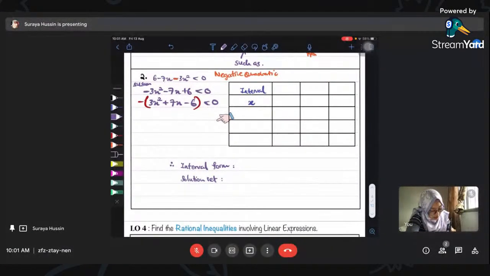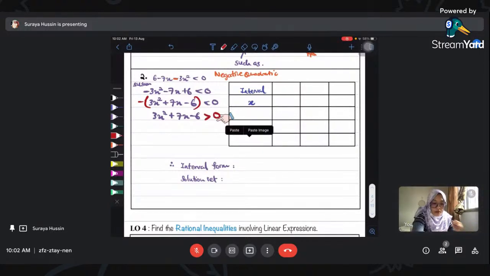Cumanya bila you nak hilangkan negatif ni, bila you nak jadikan 3x squared sebagai subjek, you have to change the sign and it becoming more than instead. Okay? It becoming more than instead sebab you nak eliminate this negative. Nak buang negative, so the sign is changing.